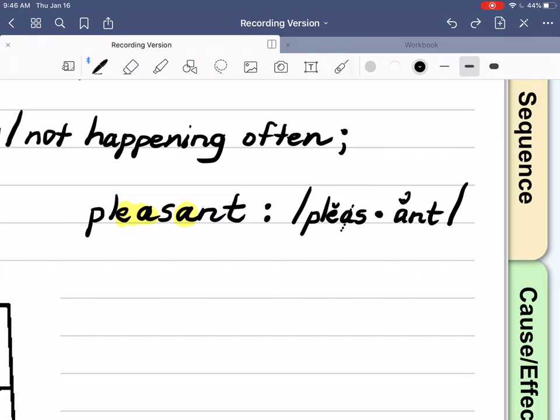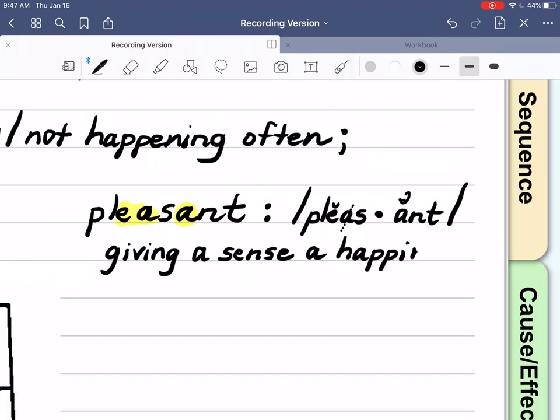And pleasant means, I'm looking for the definition, okay, here we go. Giving a sense of happiness. I didn't want to change the wording on you. Giving a sense of happiness.